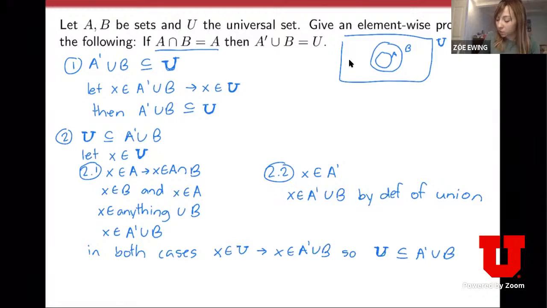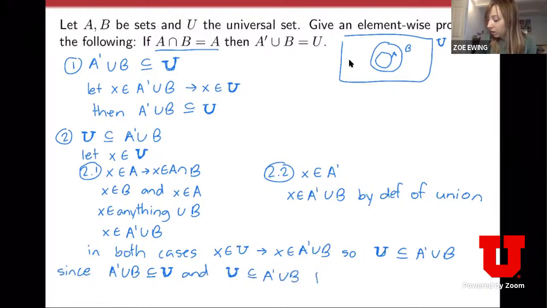So in this case, we would want to say, since A complement union B is a subset of the universal set, and the universal set is a subset of A complement union with B, then they have to be equivalent, which is from the definition of set equality. All right, are there any questions on that? Okay, awesome. We will move on.